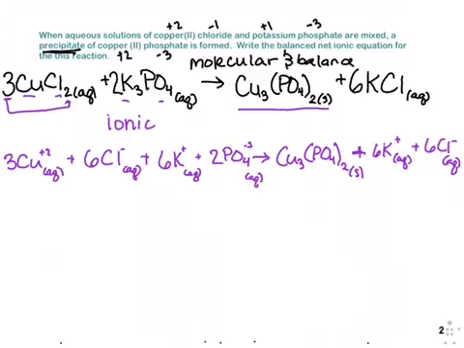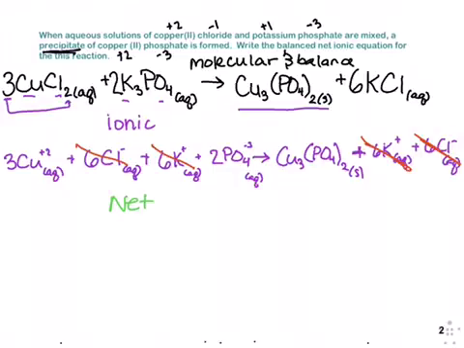So what are we crossing out here? Zoe? 6 Cl. The 6 Cl minuses can go away. And then what else? Marta? There's 6 potassium. The 6 potassiums. So then that leaves us with our net equation. Your net equation is you just write whatever is left, as is.